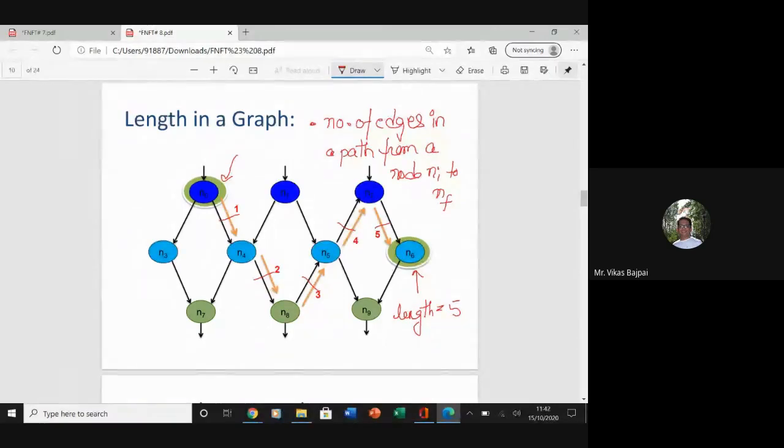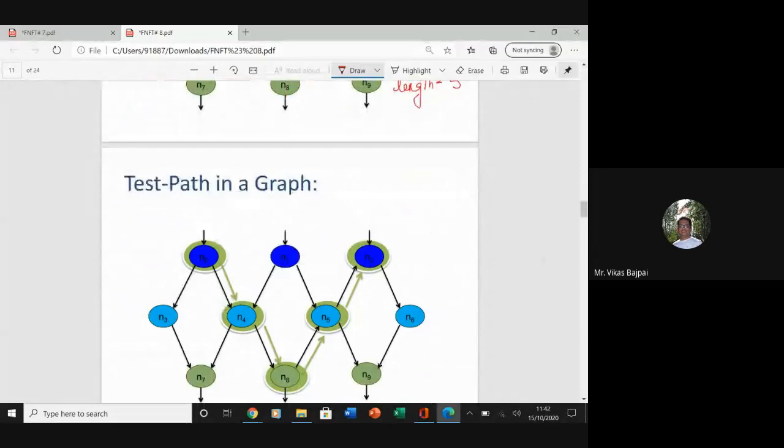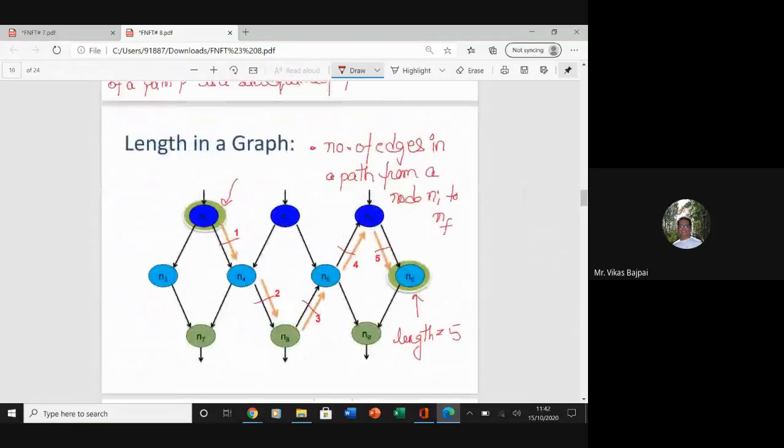Now, next is, one second, I can see some question. Yes, Ujjwal, is the length of the graph the maximum length that can be obtained? No, the length of a graph does not make any sense. Length will be between two nodes.